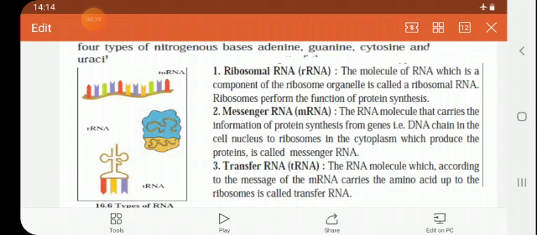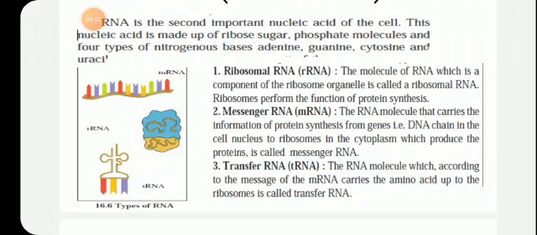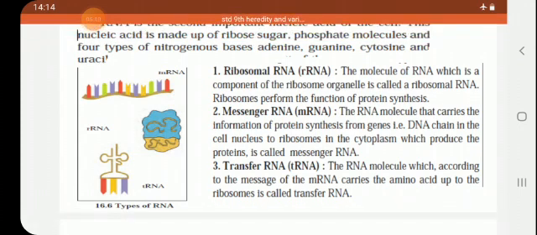RNA, if it contains the ribosome, is called ribosomal RNA, and that synthesizes the protein. But this message of synthesis of protein is transferred by messenger RNA to where? To the ribosomes which are present in the cell. It passes only the message.